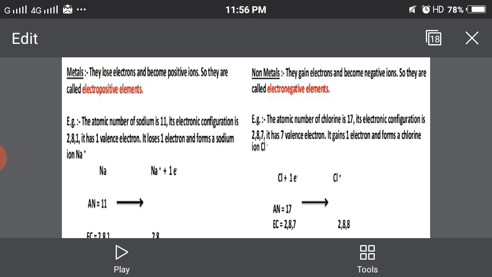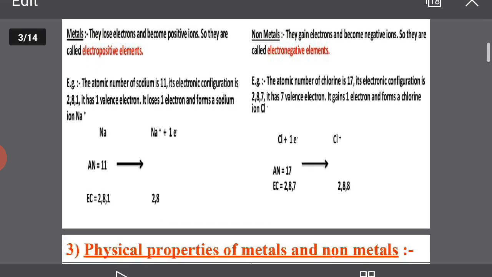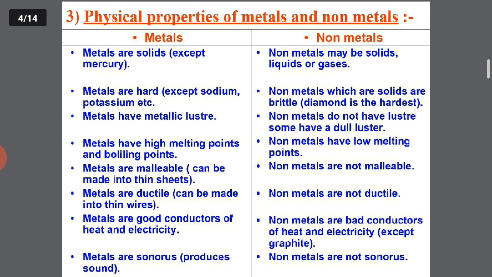Okay, let's move further. Let's study the physical properties of metals and non-metals, as we discussed them separately in our previous two classes. Most metals are solid; the exception is mercury, which is not solid.